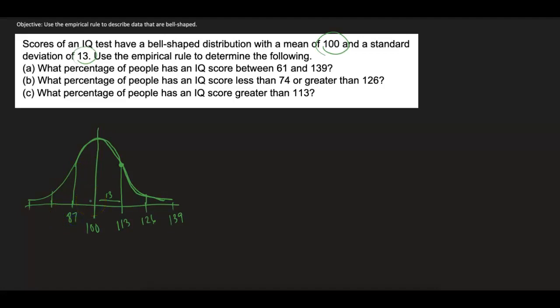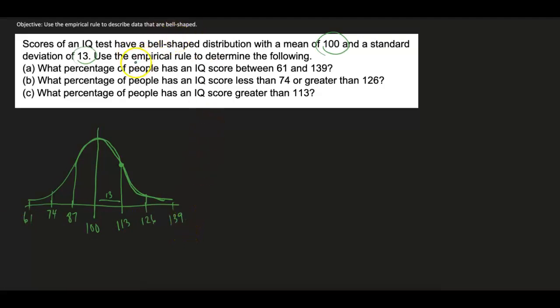That's the first standard deviation below the mean. Subtract 13 again, because remember, these tick marks are a scale of the standard deviation of 13. And then I'll subtract 13 one more time. And now I have all these values labeled on my bell curve, ready to go for the empirical rule.